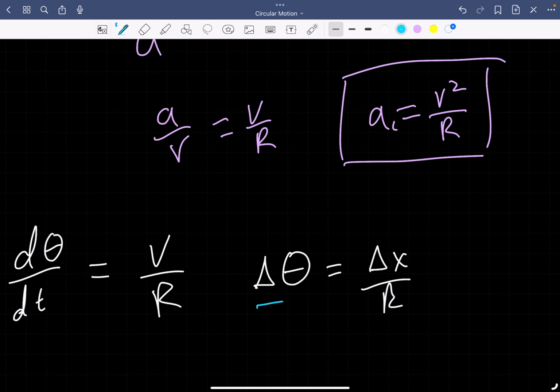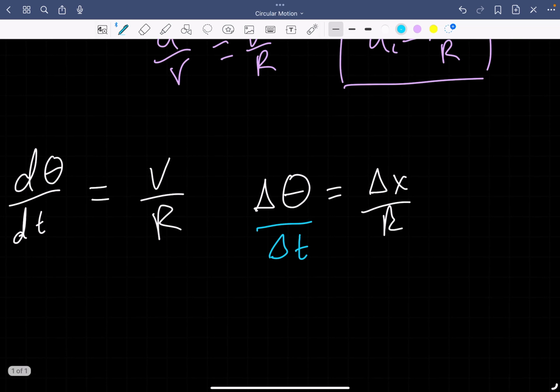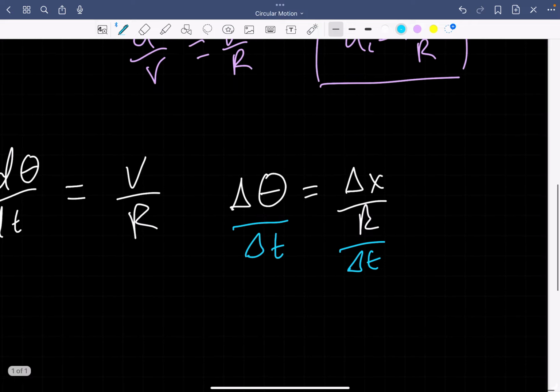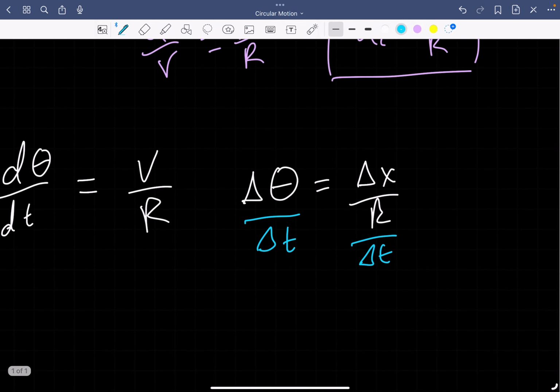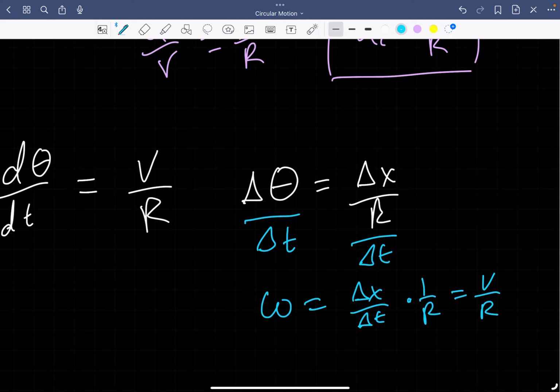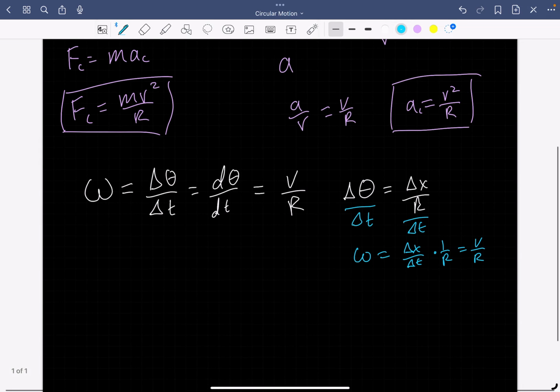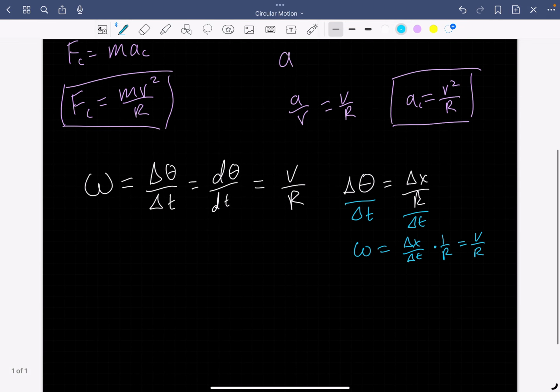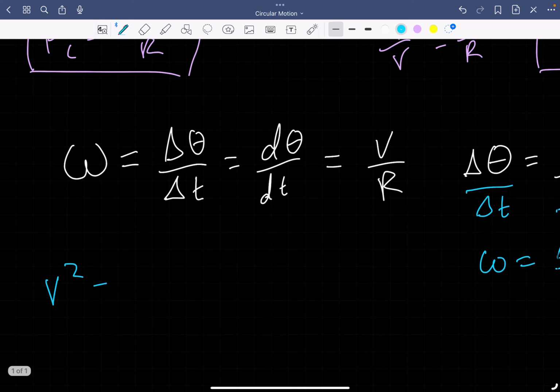So if we divide both sides here by a change in time, then we get that this angular velocity is equal to displacement over change in time times 1 over r, which is equal to velocity over radius. Now, knowing this, we can make a substitution here. We know that velocity squared, or speed squared really we should say, is going to be equal to angular velocity squared times radius squared.